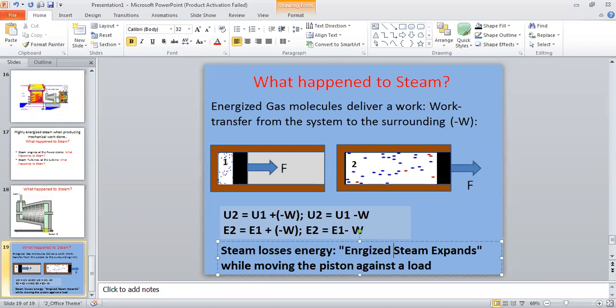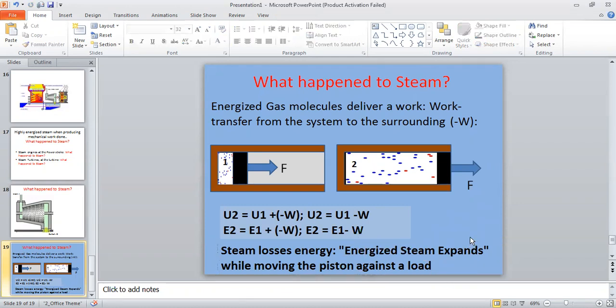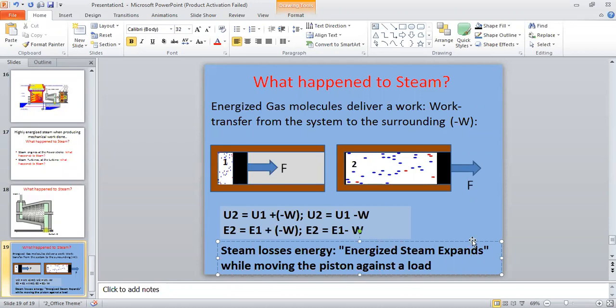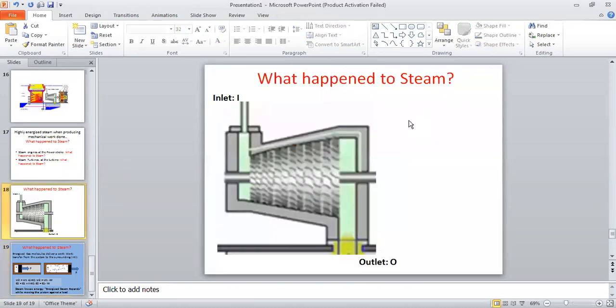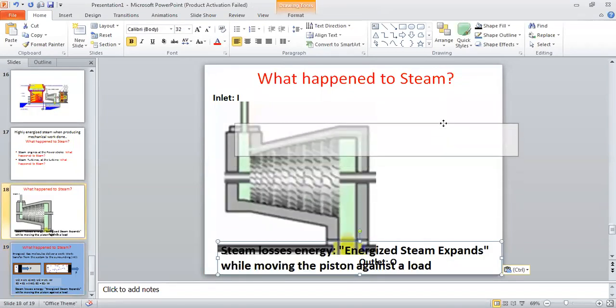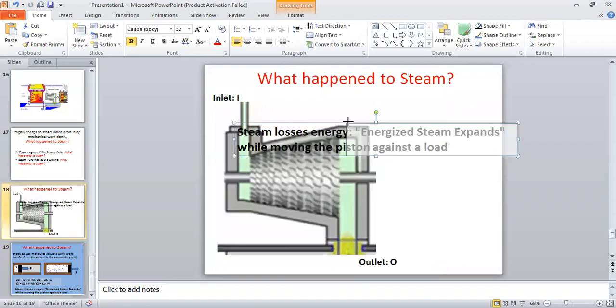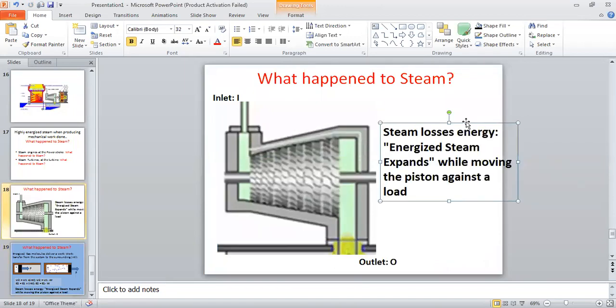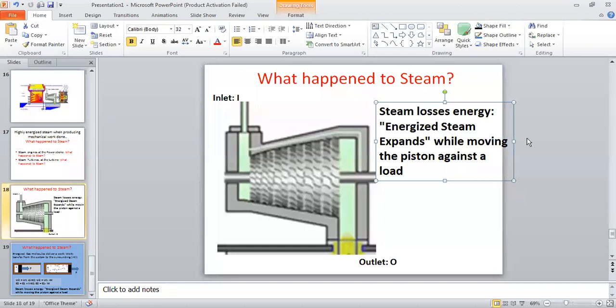So energized steam expands while moving the piston against a load. So can this be the same? Of course.